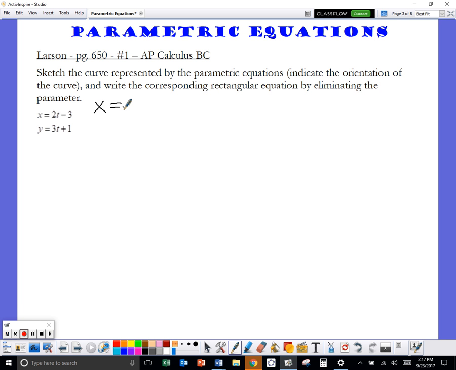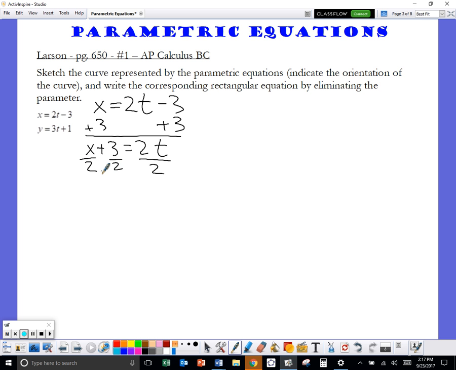Okay, so solving one of the equations for t, I'm going to solve, of course, x. Doesn't really matter. You can solve the y equation if it looks simpler. But x equals 2t minus 3, add 3, divide everything by 2, and so t is equal to 1/2 x plus 3/2.